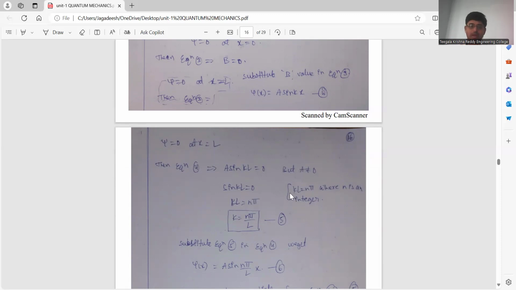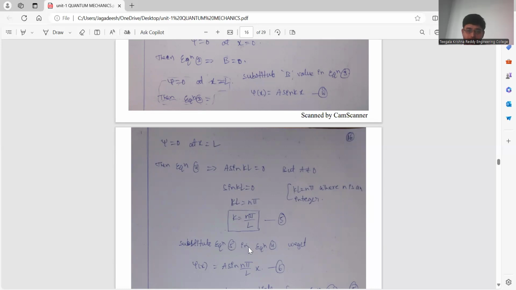Then we write sin kL equal to 0, kL equal to nπ, where n is an integer. Then k equal to nπ/L. That is equation 5.